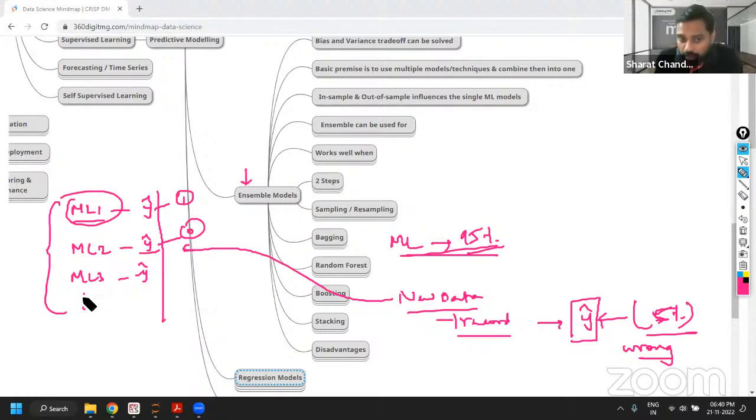So I will take many such algorithms, do the prediction on the same record, and choose the majority. The idea is a single model may go wrong, but with multiple models on the same data, the chance of going wrong is less. So we can improve the reliability of our predictions when we choose ensemble models.